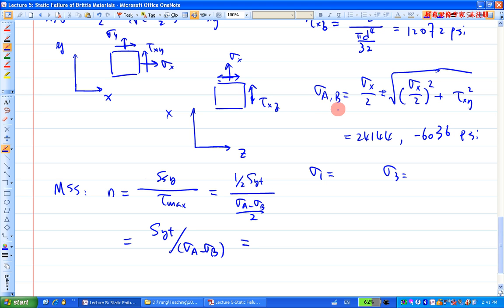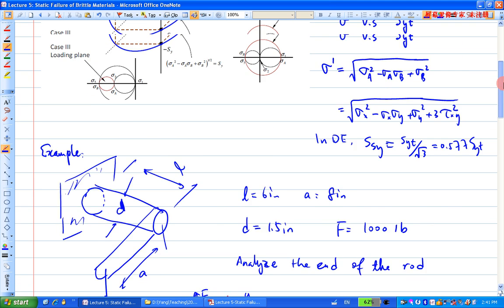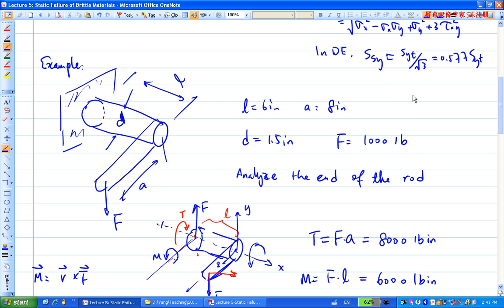So you have a sigma 1, which is sigma A. You have sigma 3, which is sigma B. You have SYT. Oh, I don't have SYT yet. What's the SYT? SYT is 47,000 psi. So that's an aluminum kind of material.